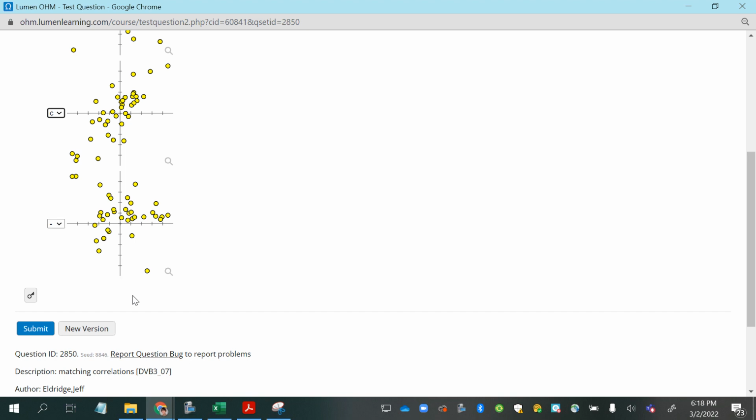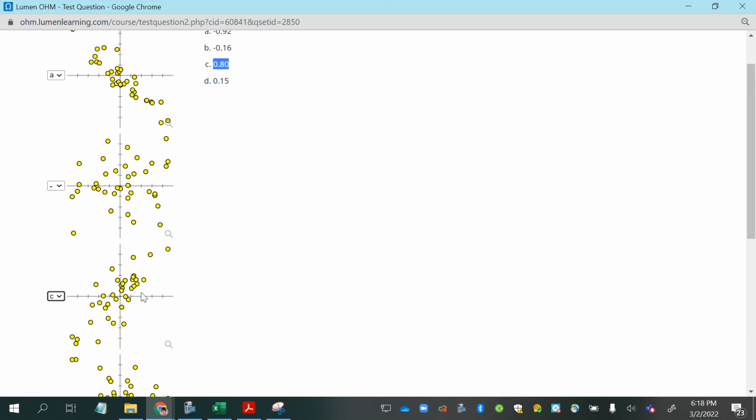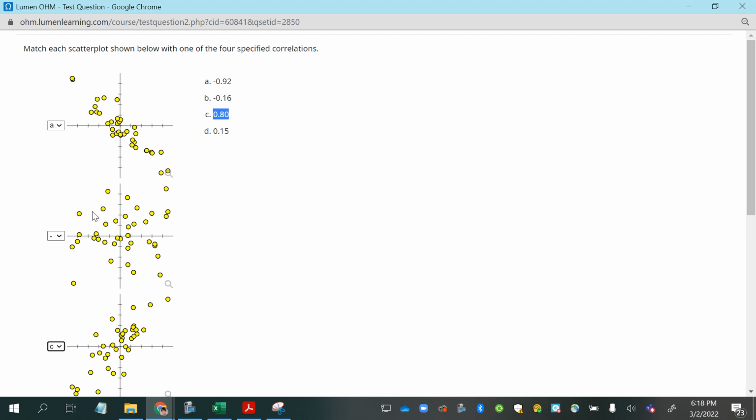But it almost looks like there's several different lines you could argue might work here. You could draw one from here through here, maybe one that would be a flat line. In any case, I would guess that this one, the second scatter plot, has the weakest correlation of all of them. But they do look very close.